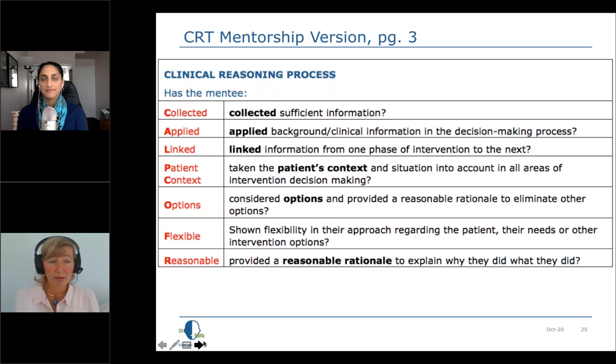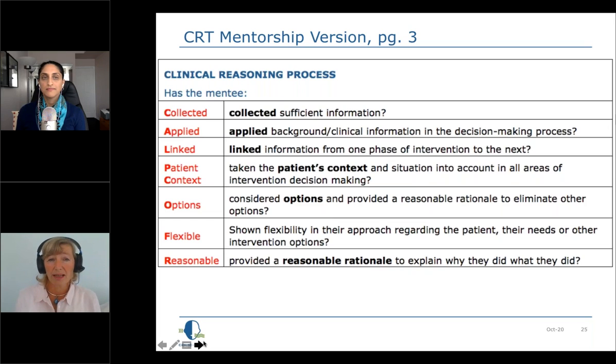So that could be to do with developmental history, medical history, who's involved in your patient's network of family, colleagues, with children. It could be in school, preschool, all the different settings that they're going to be in.